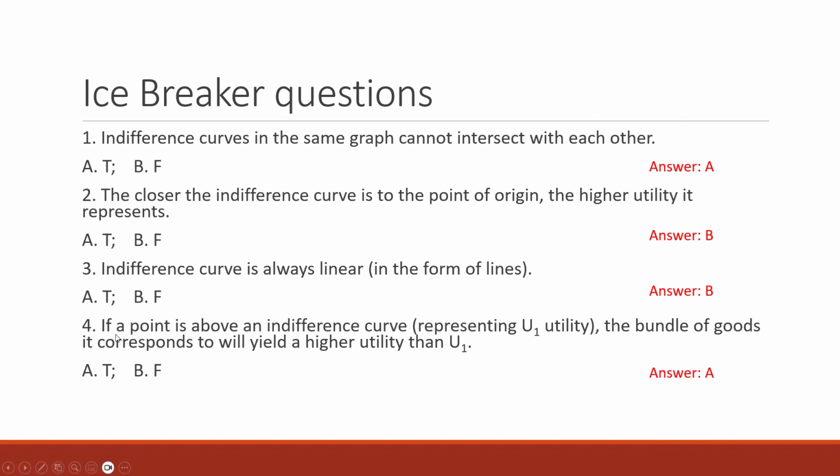Okay. So basically the location matters. The further away from the point of origin above the curve, if a bundle is above the curve, the bundle represents a higher utility than that curve. If a bundle is below this curve, then this bundle is associated with a lower utility than represented by the curve.